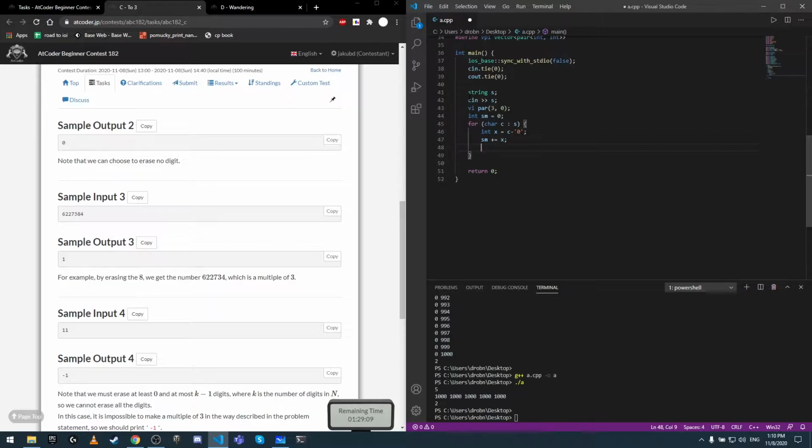Then what we do is, if, so basically we need to count it into the parity array, right? So we do x percent 3, so we modulo it, and then parity of x plus equals one.